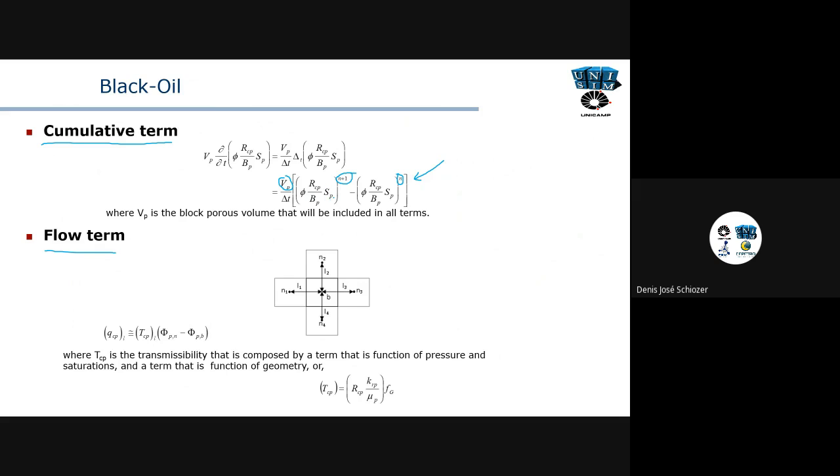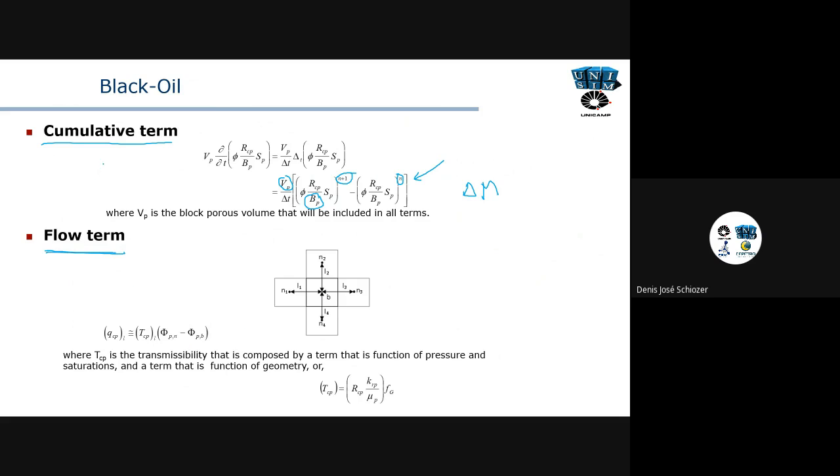So we have the phase volume here. Then we convert this to standard conditions using the formation volume factor here. And then we account for the amount of the component that is inside the phase, multiplying by the solubility of the component in the phase. If we do this at the end of the time step minus the beginning of the time step, we have the variation in mass that we have in the block.